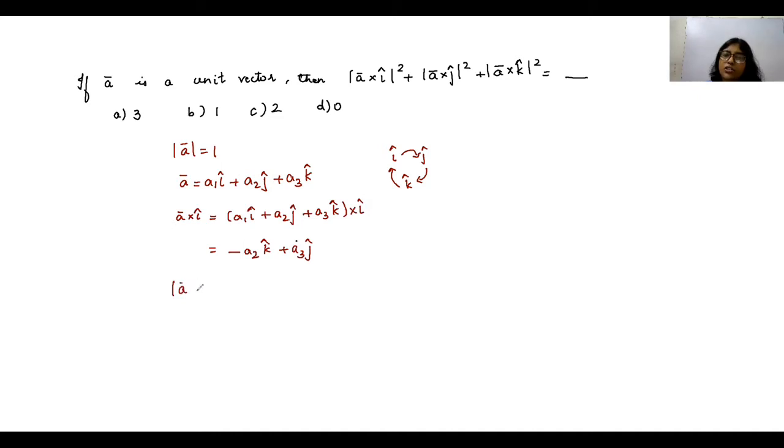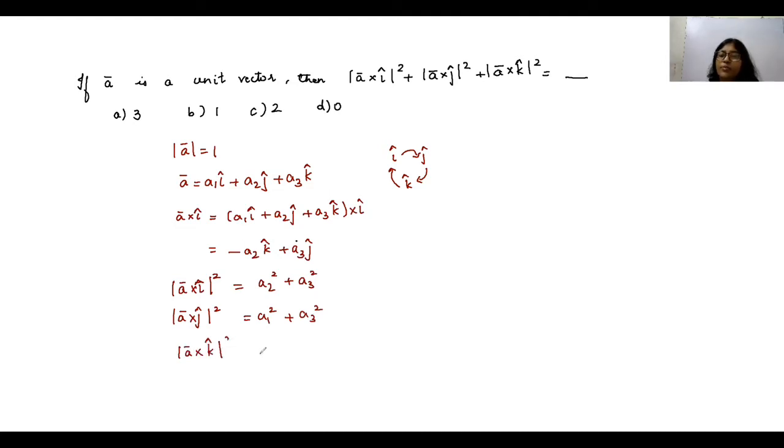So we are actually looking for A cross I cap square, that is A2 square plus A3 square. Magnitude we know is the sum of the square of the components. So for I cap, if we got A2 and A3, then for J cap, we are going to get A1 and A3. So we'll write it directly, A1 square plus A3 square.